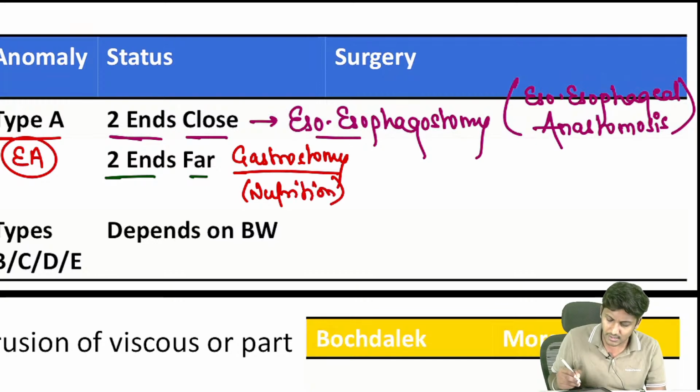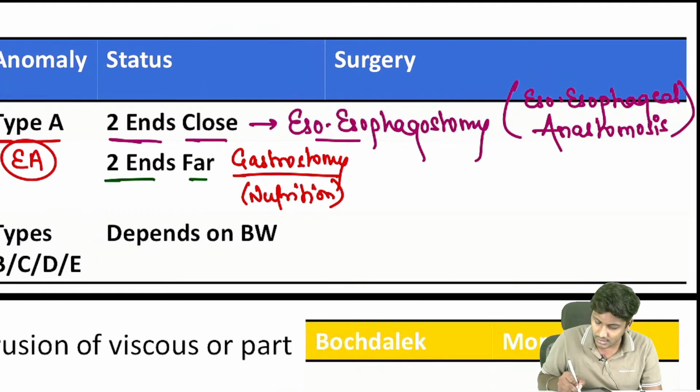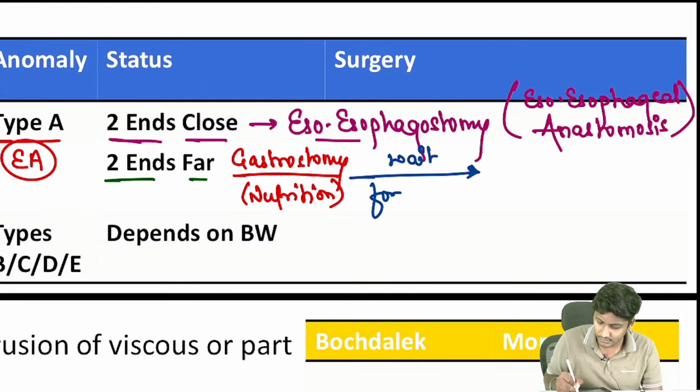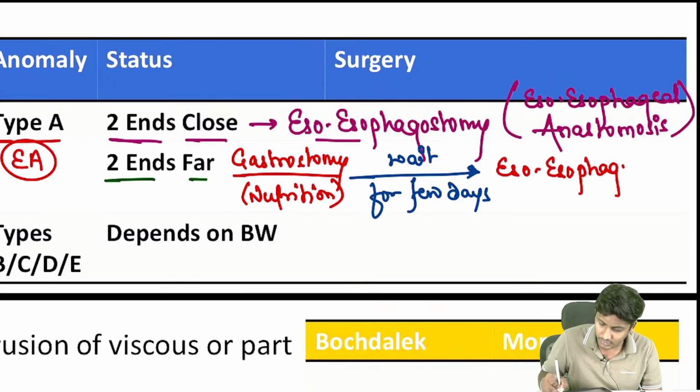And thoda nutrition aa jaye bacche mein, when the size of the child increases, definitely the two ends grow close to each other. Till that time wait for few days, and then we are going for a esophagostomy or esophageal anastomosis.